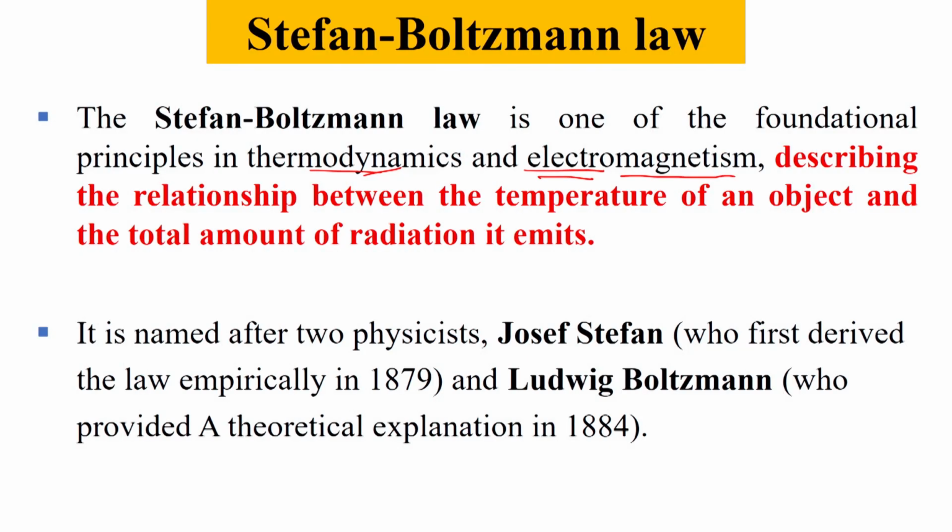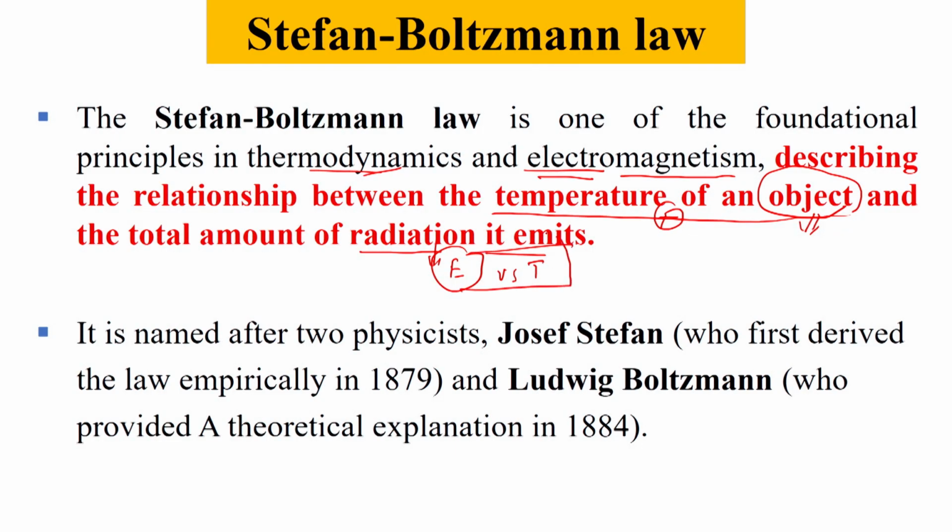This describes the relationship between the temperature of an object, which need not be a black body, just remember, but most of the time this equation will work when we consider it as a black body, and the total amount of radiation it emits. So there is a relationship between temperature and radiation. What is that relationship?